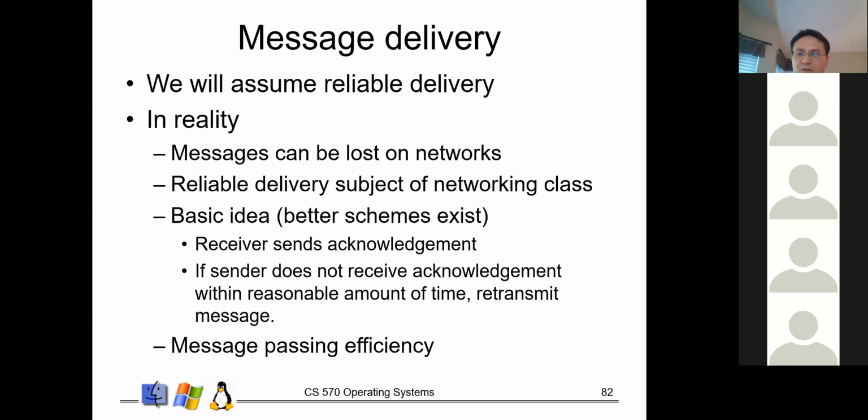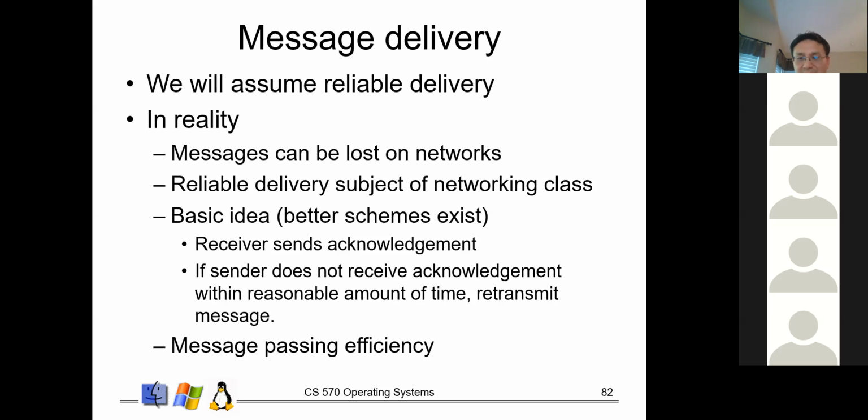What if the receiver receives the message successfully, and tries to acknowledge the receipt of that message back to the sender, but the acknowledgement itself gets lost?